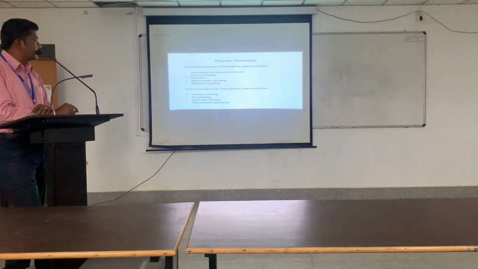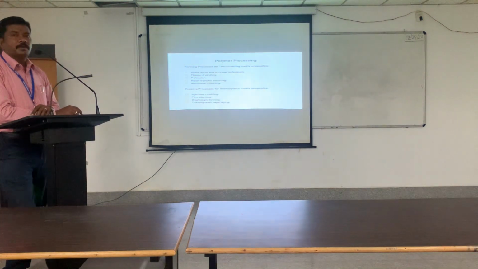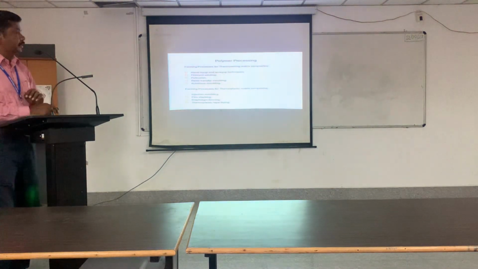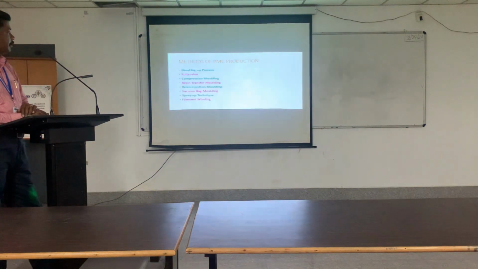If it is a thermoset polymer matrix, hand layup, spray techniques are used, then filament winding, pultrusion, resin transfer molding, autoclave molding. These processes use the thermoset matrix. And injection molding, film stacking, diaphragm forming, thermoplastic tape laying use a thermoplastic type of matrix material. We will see them one by one.